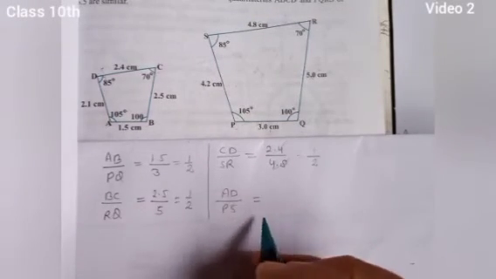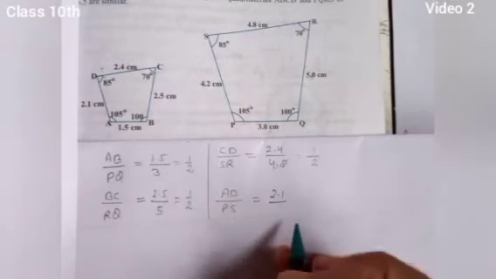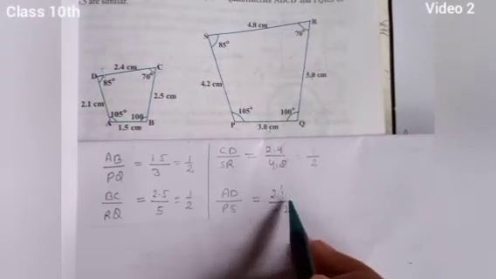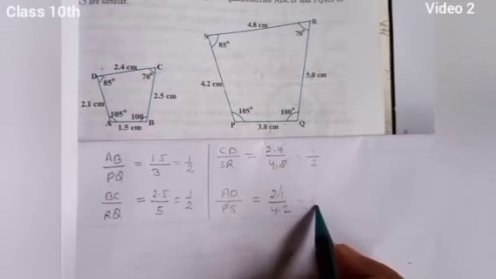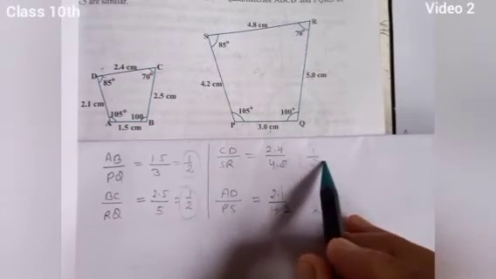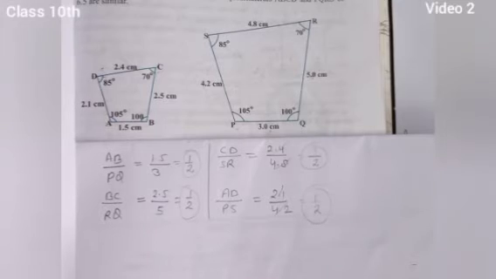Then AD is 2.1 and last is 4.2 PS. Again you divide, so it is 1 upon 2. You can check that all the sides are in equal proportion, that is 1 upon 2. Hence both quadrilaterals are similar.